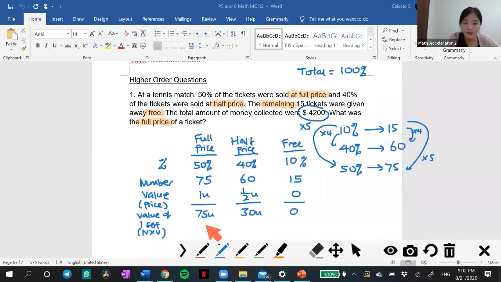So the value of one set is 75 units plus 30 units. So how many units do you have in total? 105, very good.